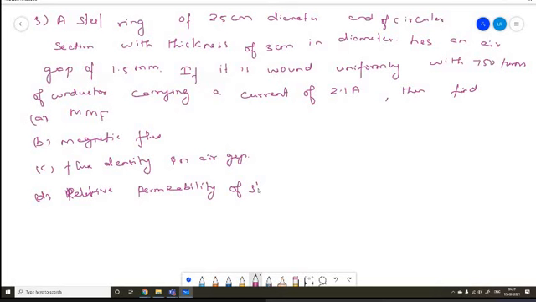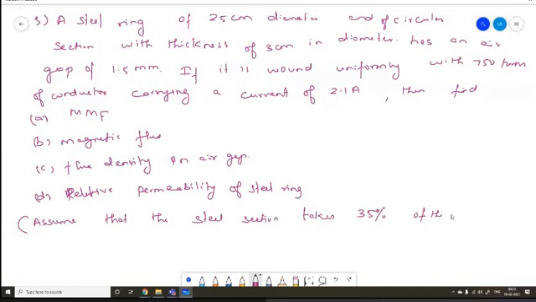One more important data is given for us. Assume that the steel section takes 35% of the total mmf, which means that mmf total is mmf steel plus mmf air gap.